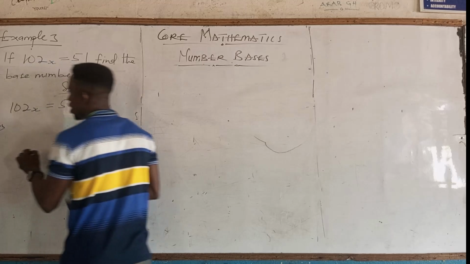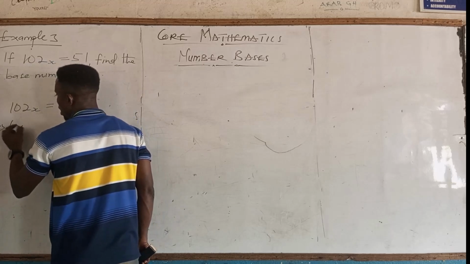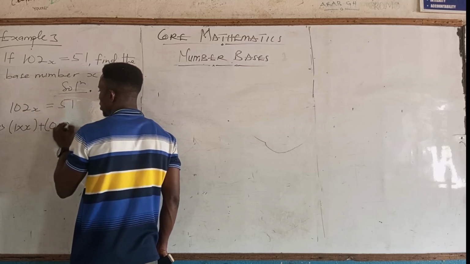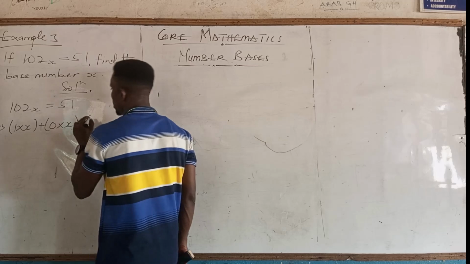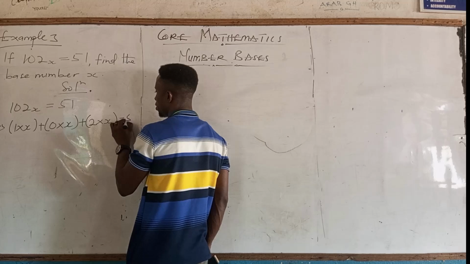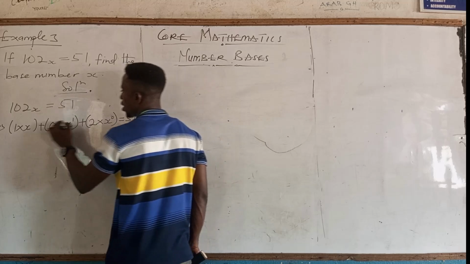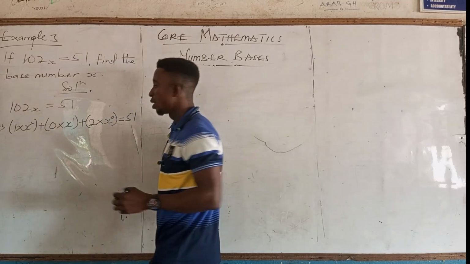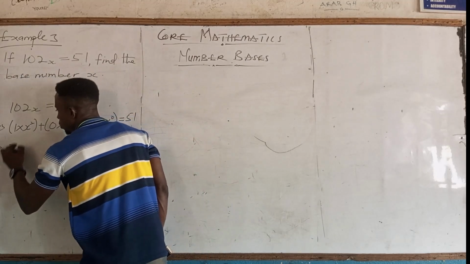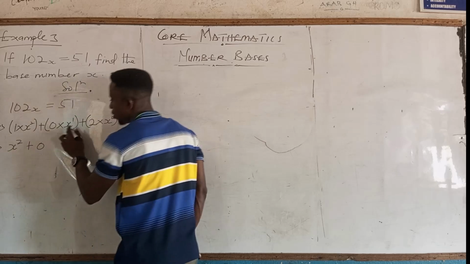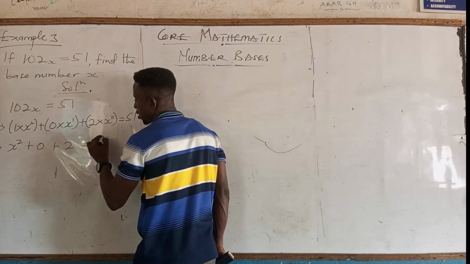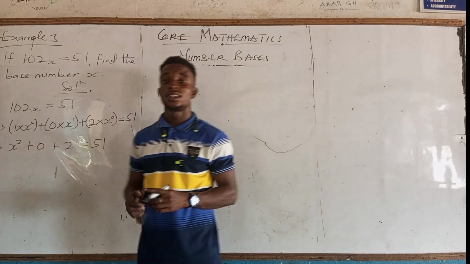So I will have 1 times x squared plus 0 times x plus 2 times x to the power 0, which is equal to 51. Okay, let's proceed. So this one will get us 1 times x squared is x squared, plus 0, plus 2, is equal to 51. And this one is what?